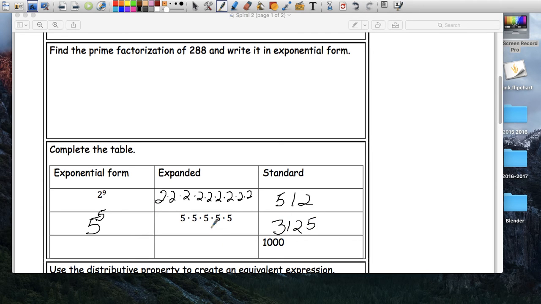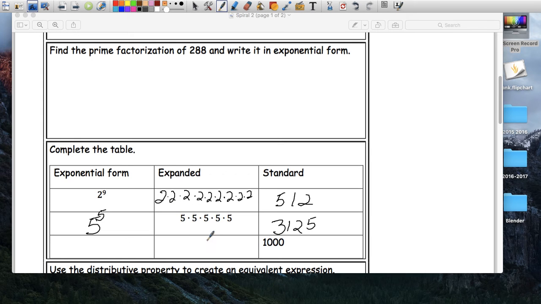Okay. Over here, what is 1,000? Let's see. I think I messed up on that one. Is there a number that equals 1,000? No, there isn't.